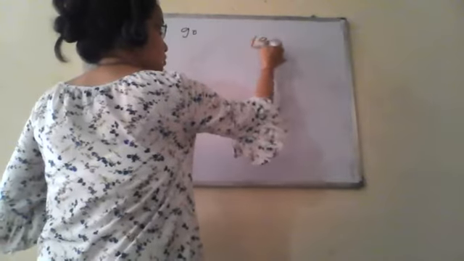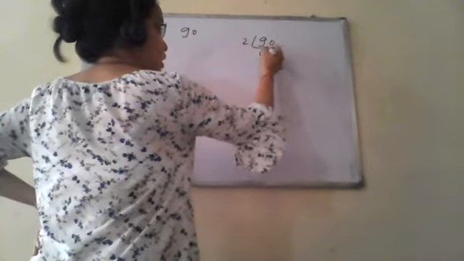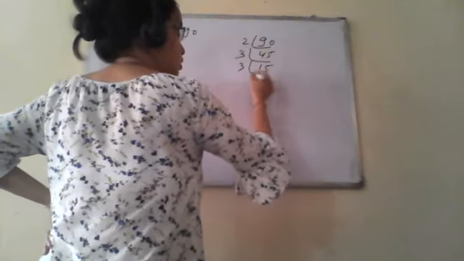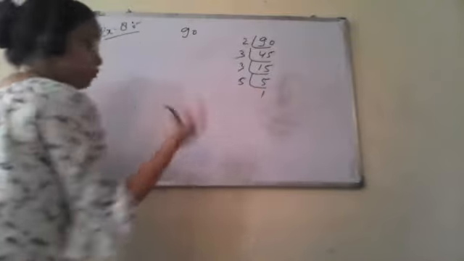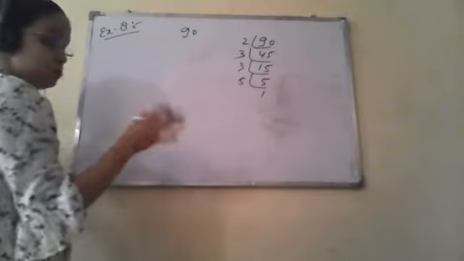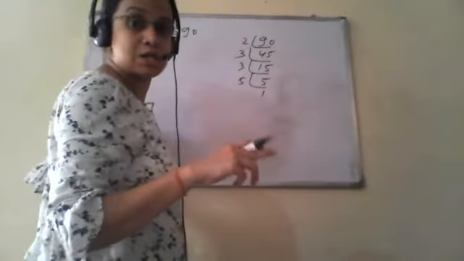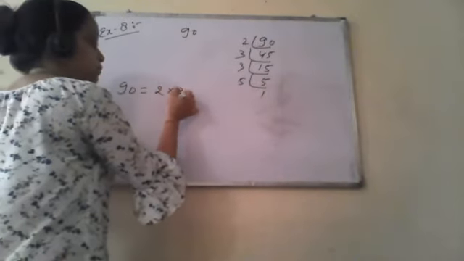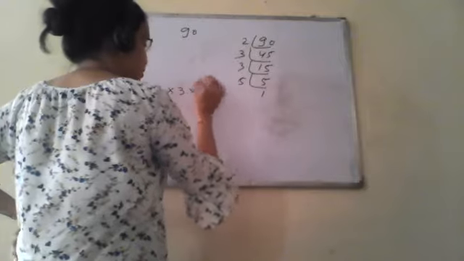Now if we do the prime factors of 90, this is 45, this is 15. So we have to find the nearest number which should be divisible by each of these 6, 9 and 15. So 90's prime factors are 2 into 3 into 3 into 5.